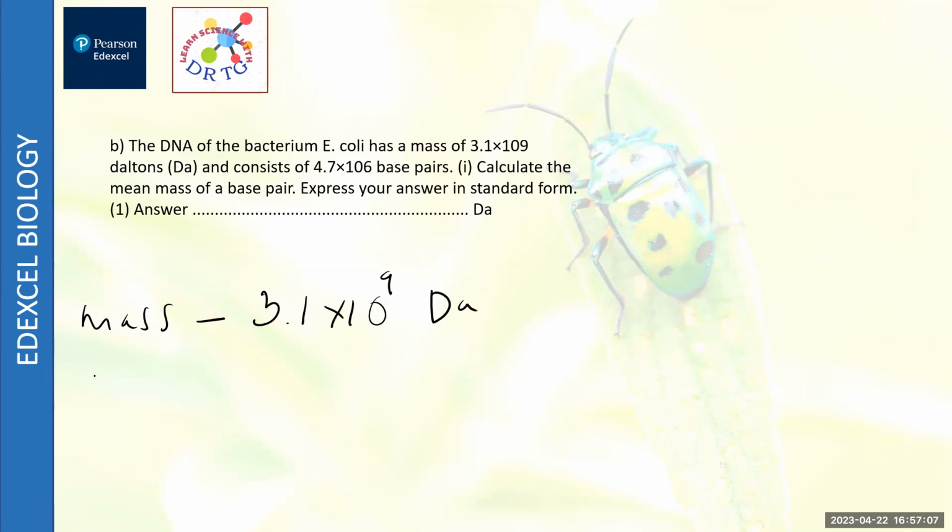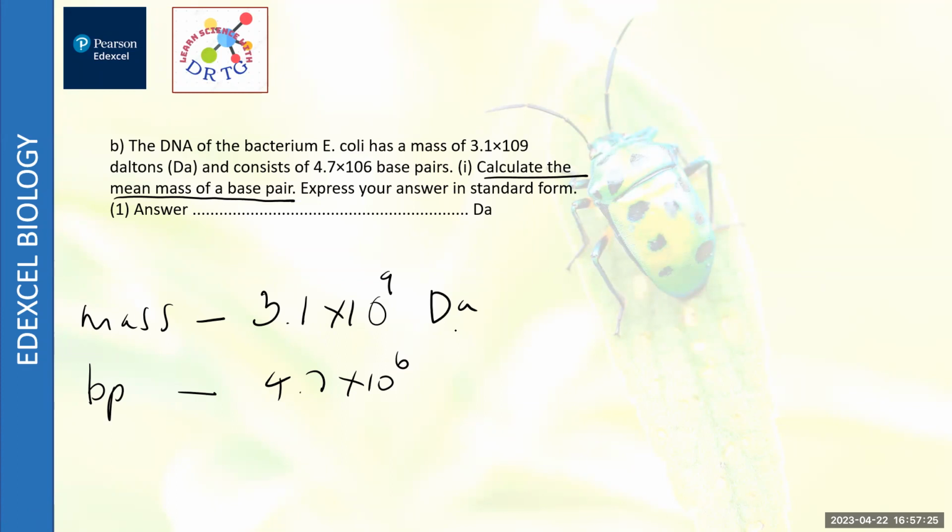Base pairs: 4.7 times 10 to the power 6. Calculate the mean mass of base pair. Express your answer in standard form.